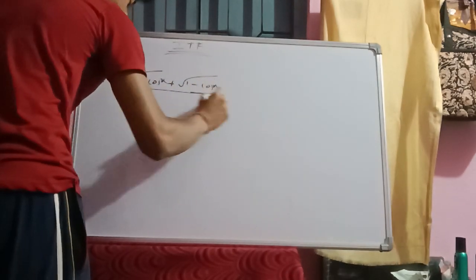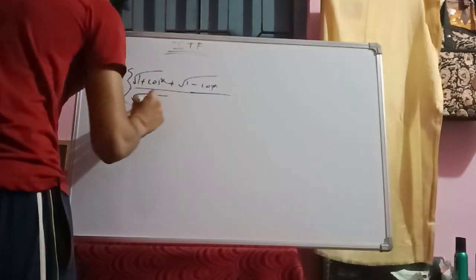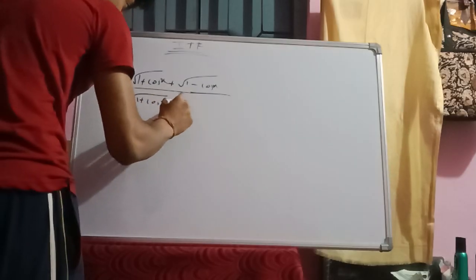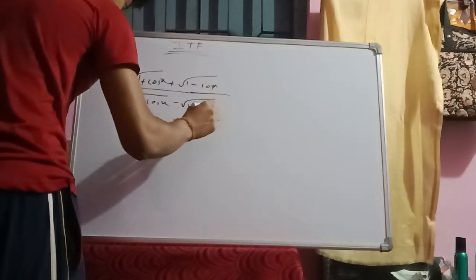This one says tan inverse of root over 1 plus cos x plus root over 1 minus cos x by root over 1 plus cos x minus root over 1 minus cos x.